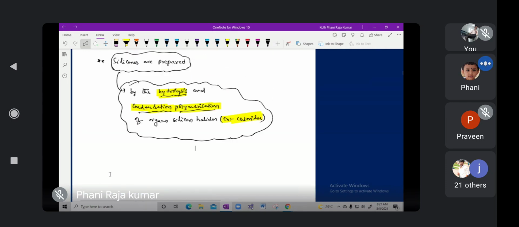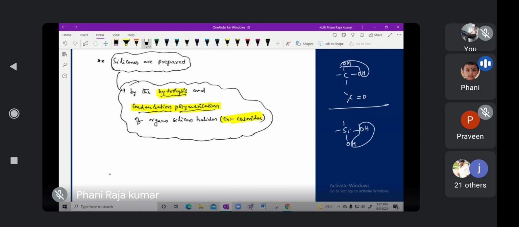So why does polymerization take place between molecules? Why not within the molecule? Generally, if we have carbon with an OH group, elimination of water takes place and we get a compound like this. Similarly, I am taking silicon and putting OH here.